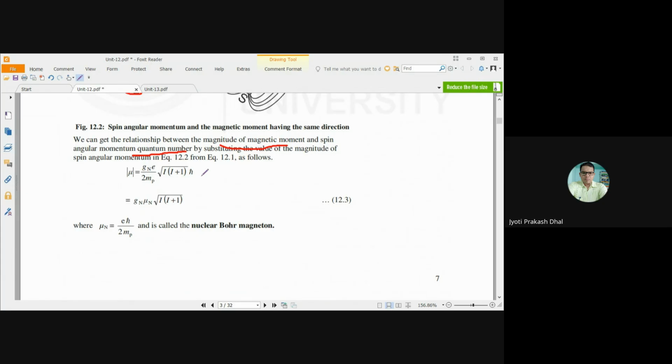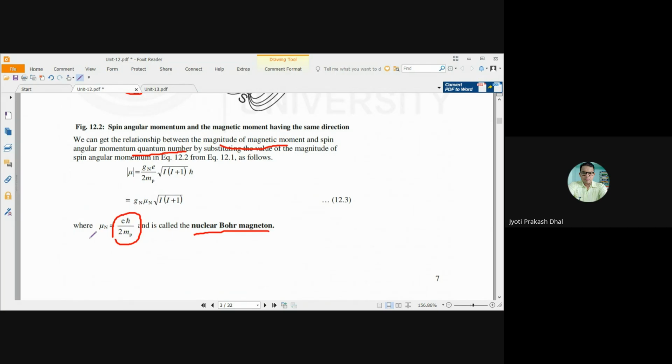And here, this is one constant value. e is the charge of the proton, that is constant. h cross is constant. Mass of the proton is constant. So all these terms e into h cross by 2 mp, that is a constant value, that is called nuclear Bohr magneton.